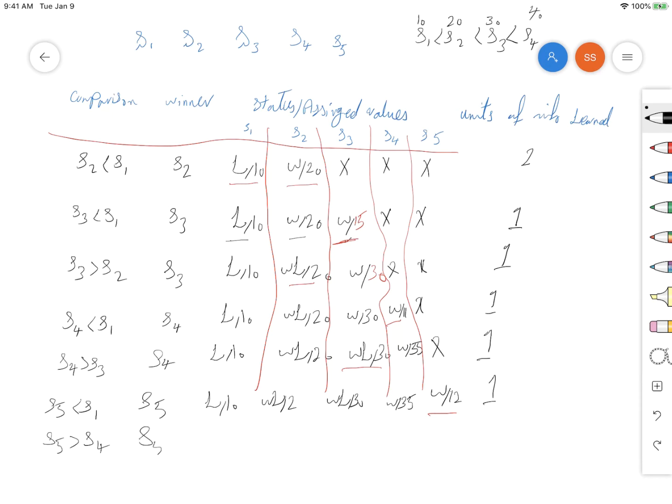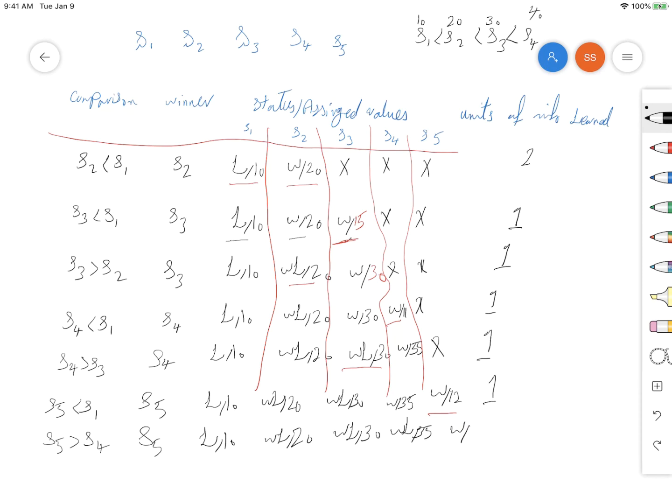So S5 is the largest one, and there is no change on the status of S1, so 10, S2 WL 20, S3 is also WL 30, S4, because it had a winning condition before and now lost to S5, is going to be WL, and let's say it was 35, and S5 was the winner, and we do not change its status.